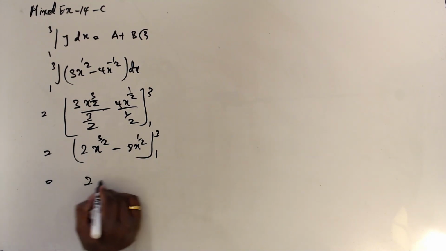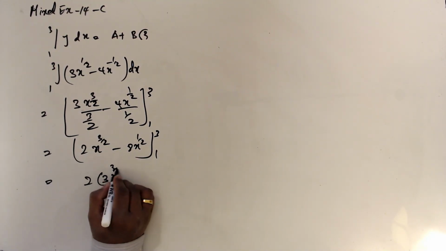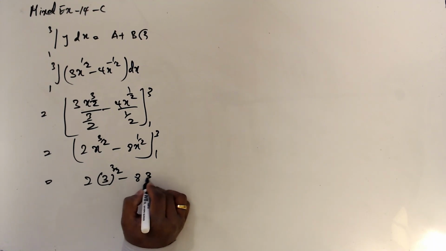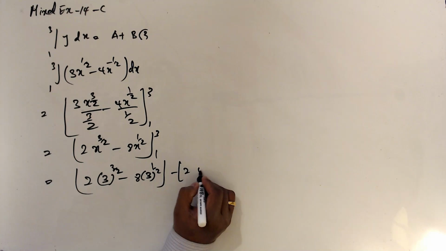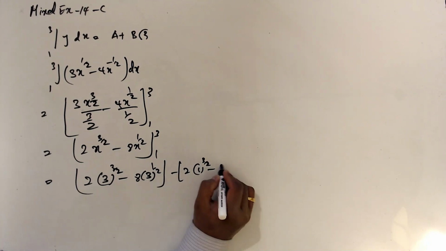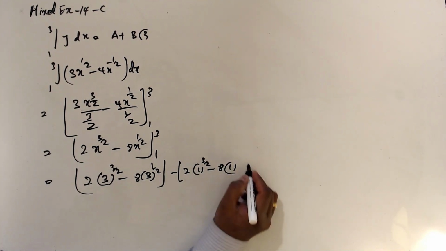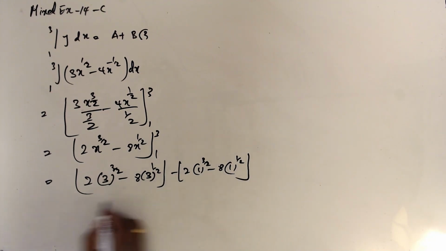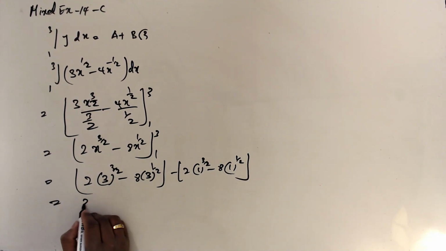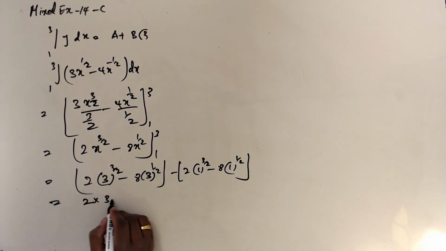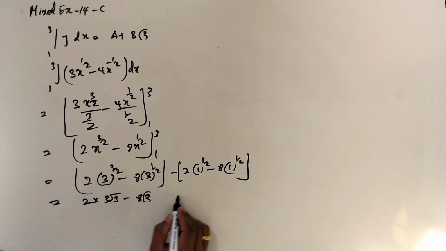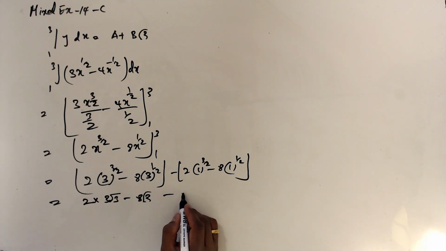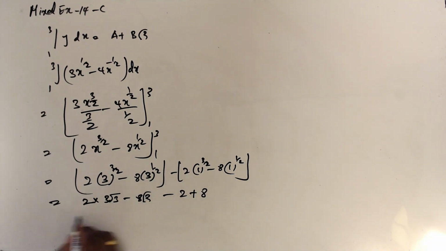So this is 2 times 3^(3/2) minus 8 times 3^(1/2), minus 2 times 1^(3/2) minus 8 times 1^(1/2). So this is going to be 2 times 3 square root 3 minus 8 square root 3 minus 2 plus 8.